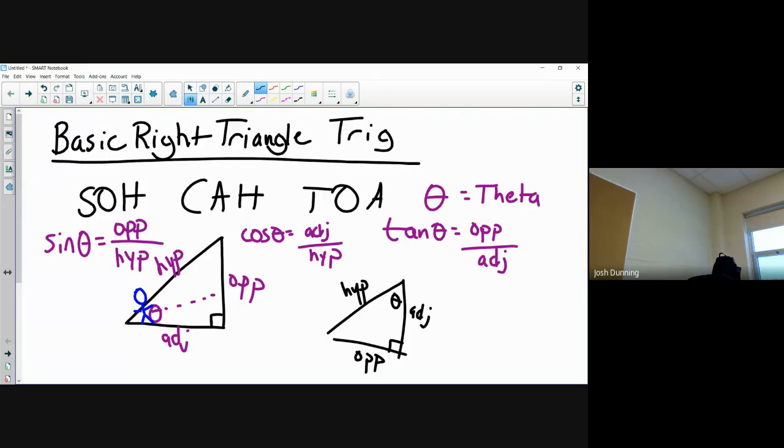So it depends on where they put the angle in the question. Also, they might rotate the triangle around. You just gotta, like I said, pretend you're standing down at the angle. The longest side is always the one across from the box. It's always the hypotenuse, no matter what. And then the other two depends on where you're standing. So here's how these work.